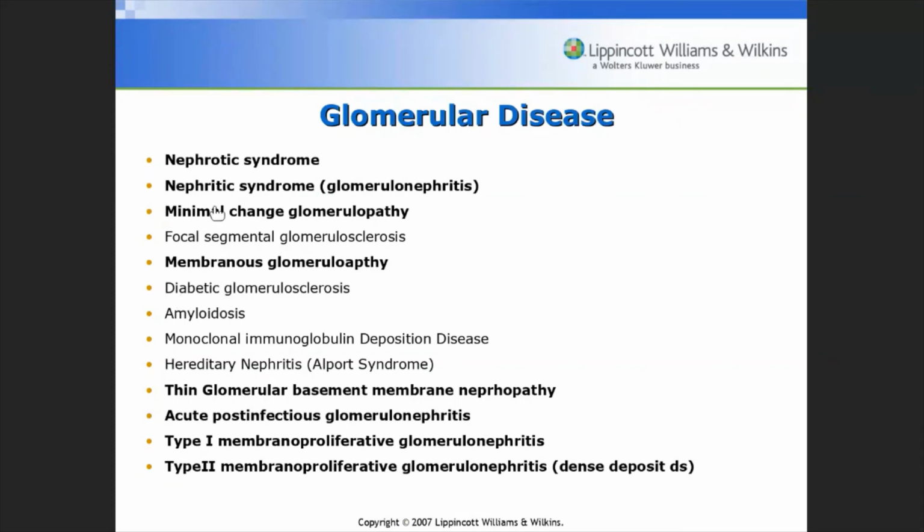Okay, so nephrotic syndrome, you should always think of either membranous or minimal change, or usually it is secondary to other disease like diabetes or amyloidosis. And as you can see here, these are different kinds of glomerular diseases. Okay?